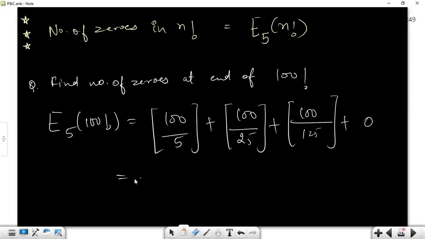So 100 by 5 is 20, then 4, then 0. So this is 24. So there are 24 zeros at the end of 100 factorial. Is that clear, everyone? Yes.